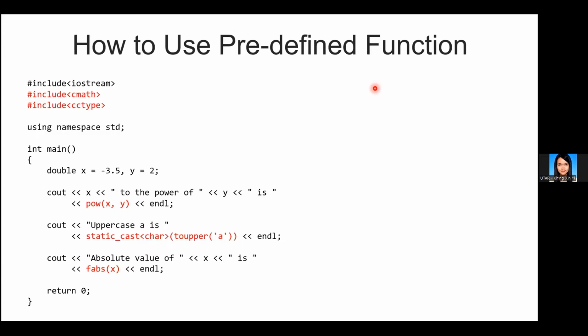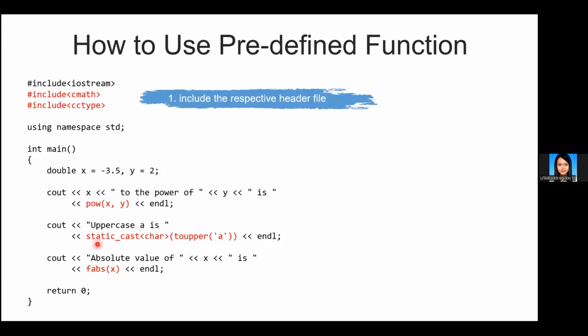The first task is that you have to include the respective header file. What does this mean? Since some predefined functions are already defined in our system libraries, you have to mention in your code which header file contains the definition of the function, or else you can't use it. In the example given here, we have the cmath header file and the cctype header file.